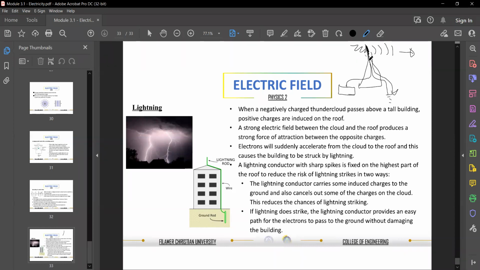So instead of striking your equipment, because of the lightning rod na naka-abang, ito yung tatamaan niya muna, at dito siya papasok papuntang ground instead of your equipment. So in this case, safe yung equipment mo. Kasi meron kang lightning rod sa taas. Yan yung purpose niya.